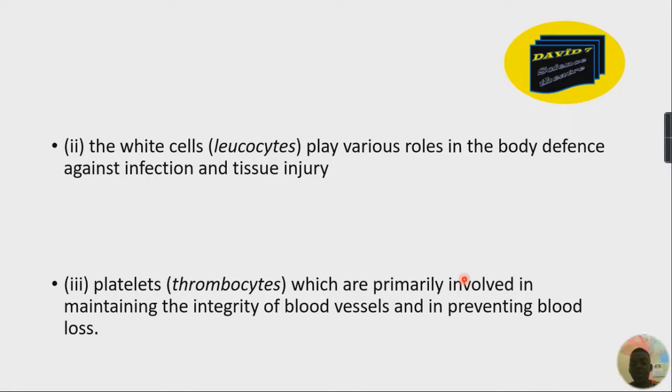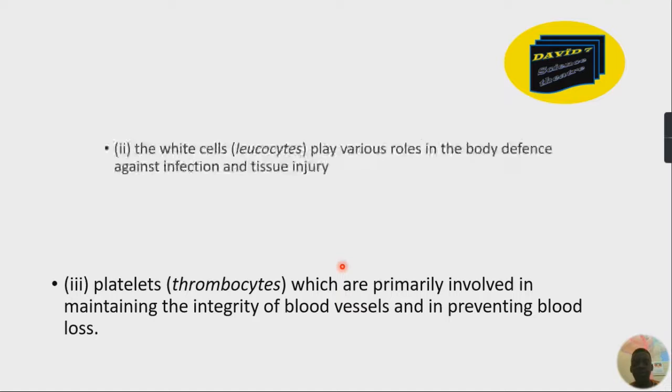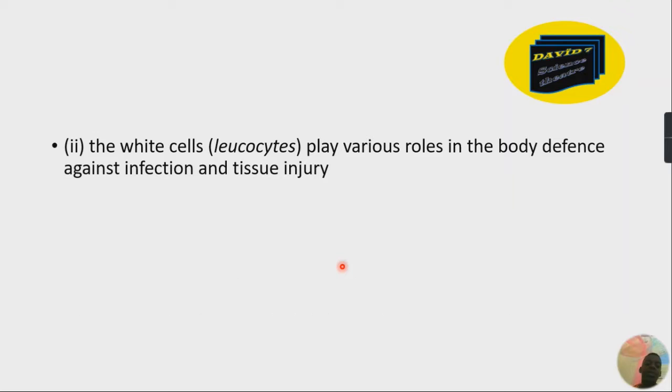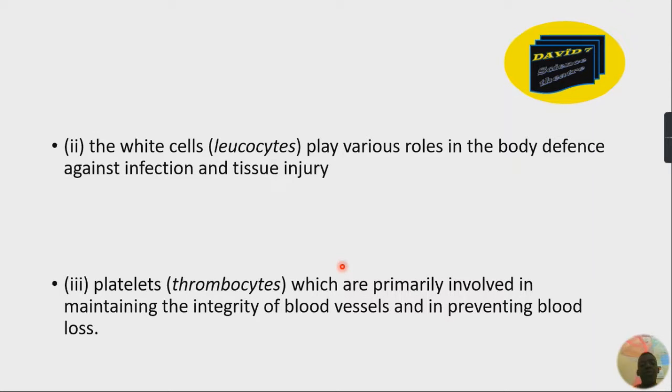They also have enzymes, COX enzymes, such as COX-1, in the platelets. These produce chemicals which will boost thrombogenesis. So let's continue. White blood cells are important in body defense. Platelets are involved in maintaining blood vessel integrity and preventing blood loss, hemorrhage.